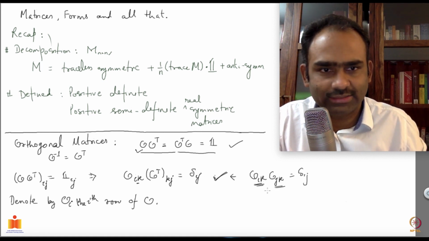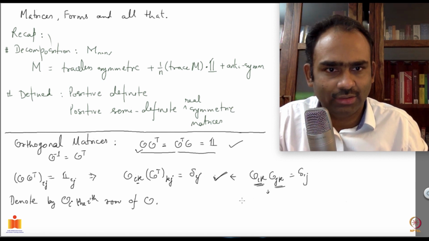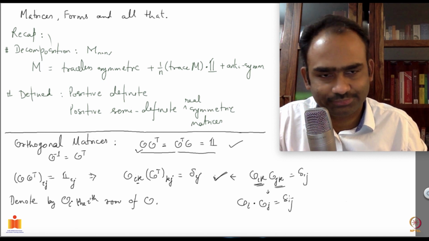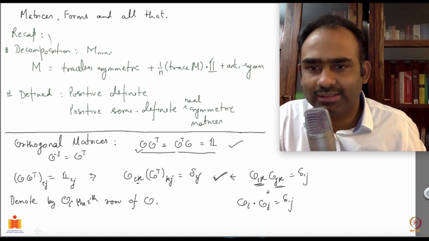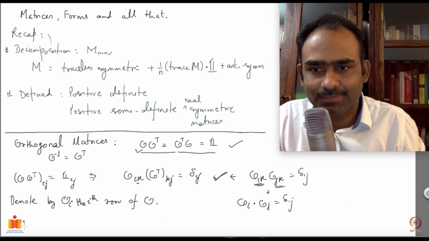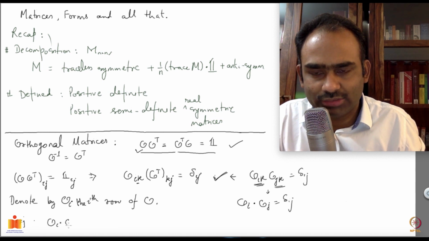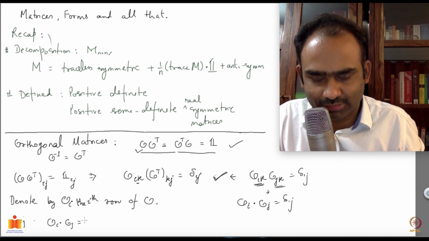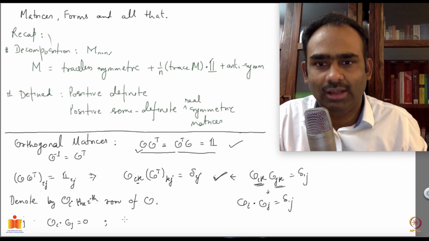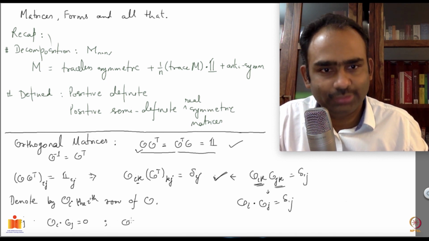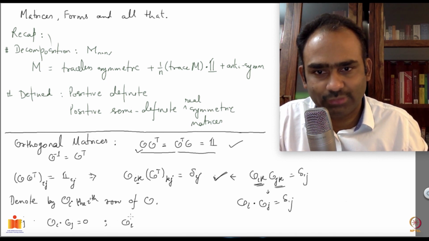So I can write this down as O_i dot O_j equals delta_ij, which is just saying that if i is not equal to j, O_i dot O_j is equal to 0, and also if you put i equal to j, then you have O_i squared equal to 1.